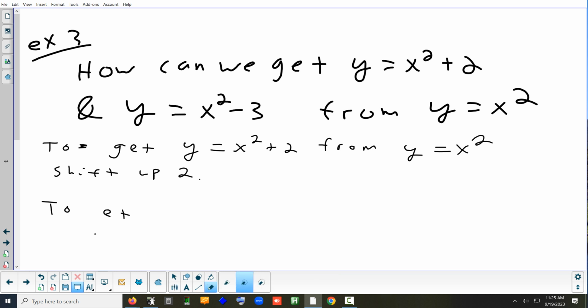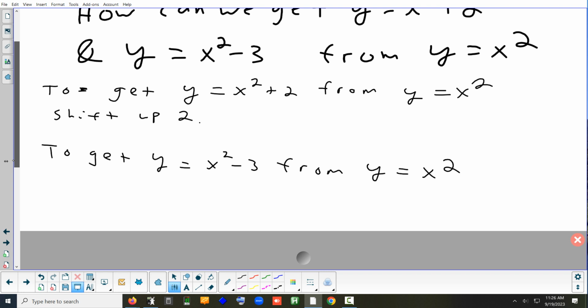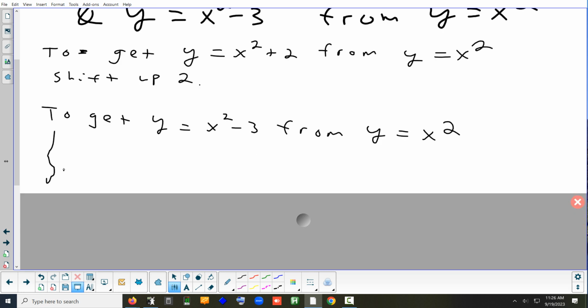To get y equals x squared minus 3 from the original, what would you do for that one? How would you get y equals x squared minus 3? Shift down 3.